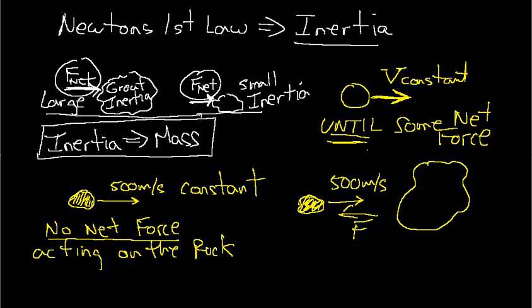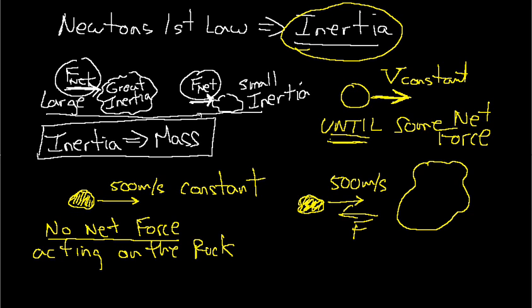And so that's the concept of inertia. Something that's moving wants to keep on moving at a constant velocity, doesn't want to slow down, doesn't want to speed up. It'll keep going at a constant velocity until some net force acts on it. Something's got to either push it or pull it, a net force, in order for it to change its velocity.